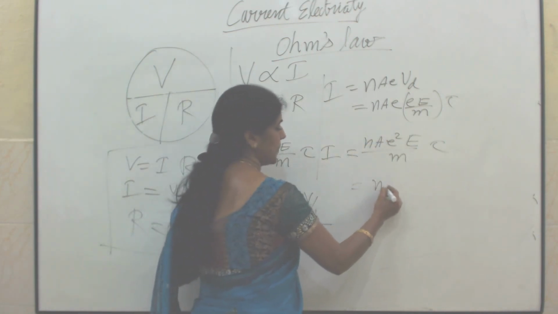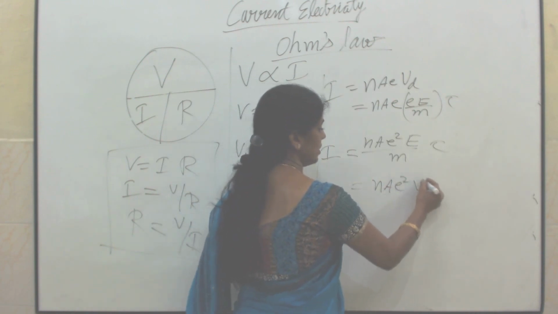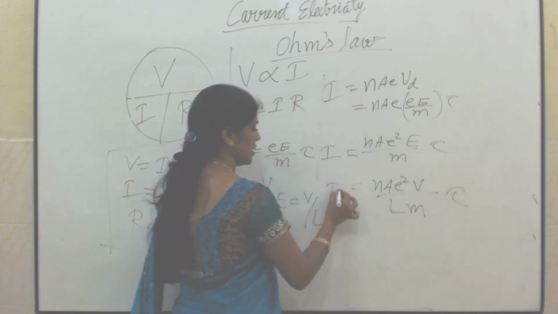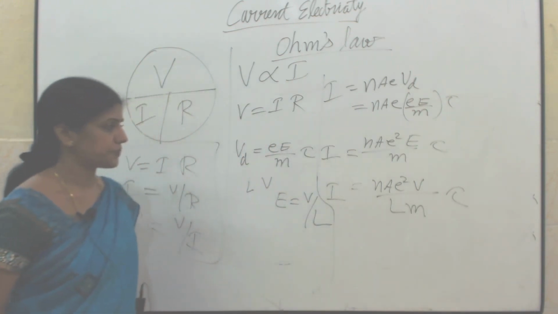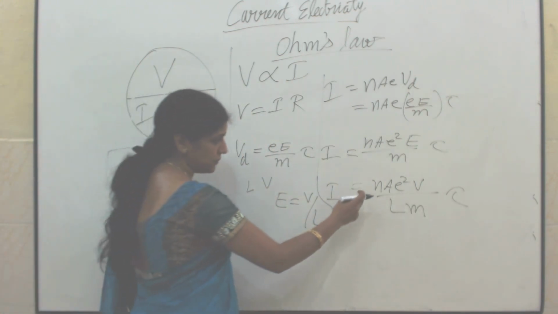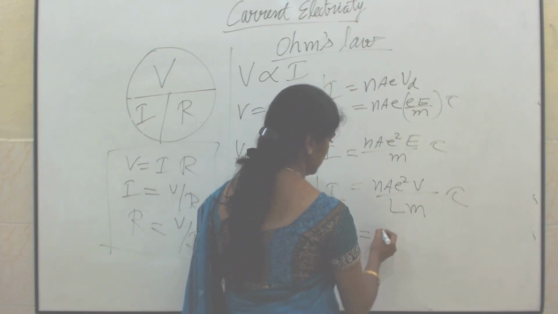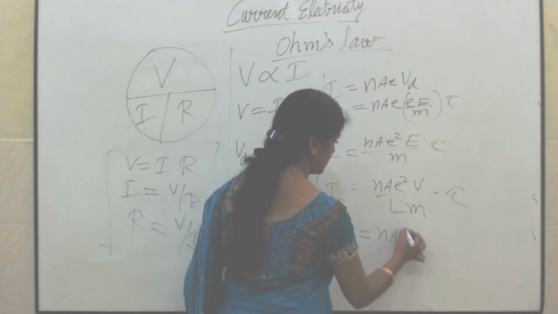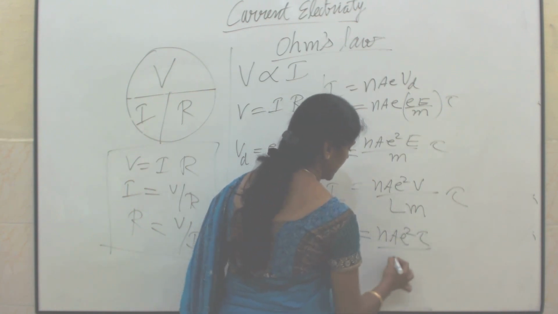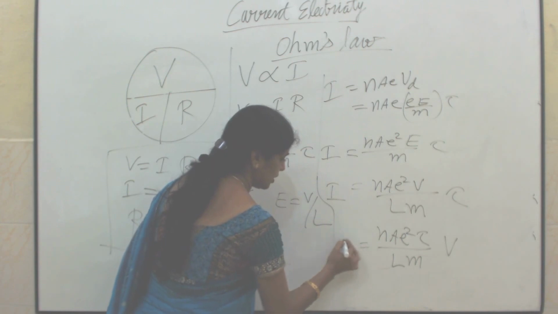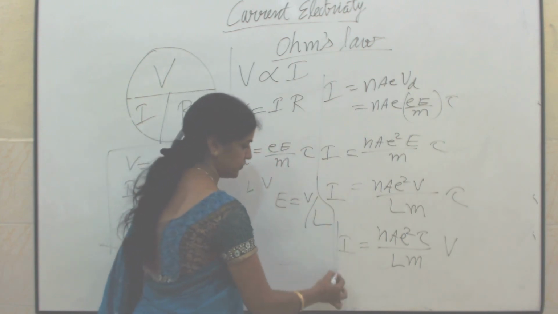It will become I equal to nAe squared V by Lm into tau. Now I can also write this as I equal to nAe squared tau by Lm into V. This is the relation.